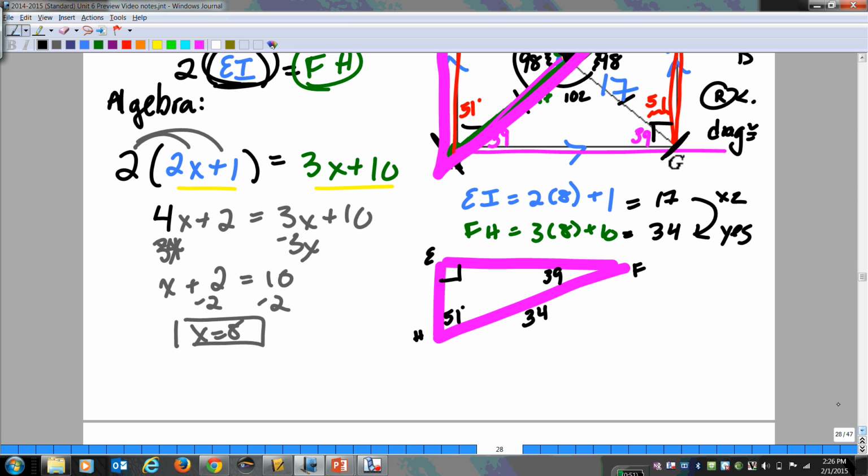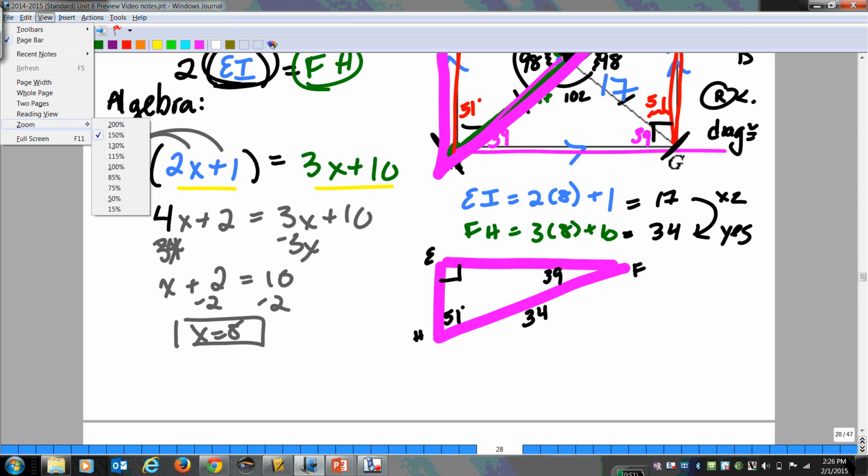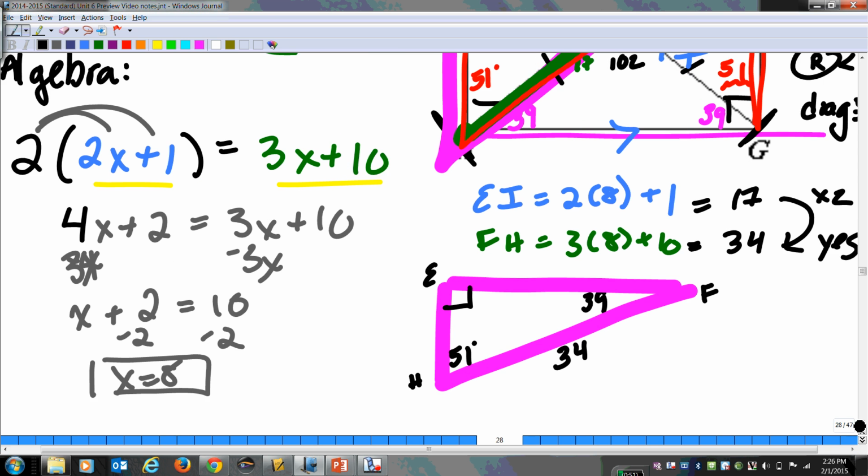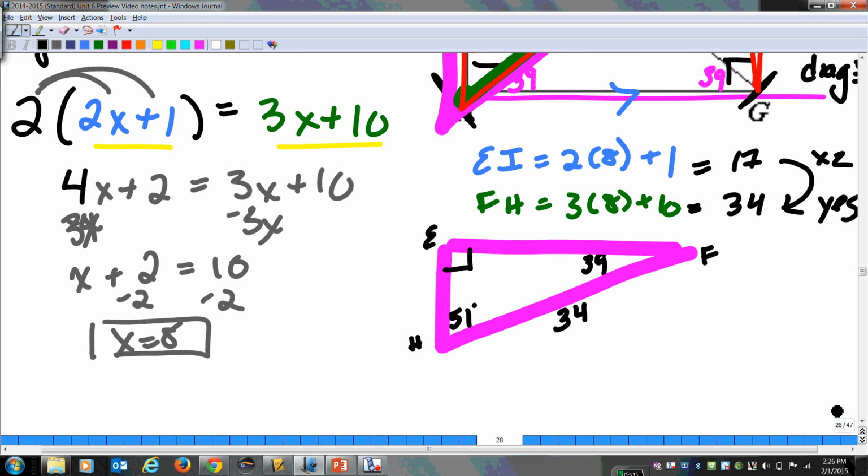Guess what? We can also find these outside sides using SOHCAHTOA. I'm going to work, it doesn't matter which one you work with, I'm going to work with 51. That's going to make this side the opposite. This side the adjacent. And then, of course, we have the hypo.